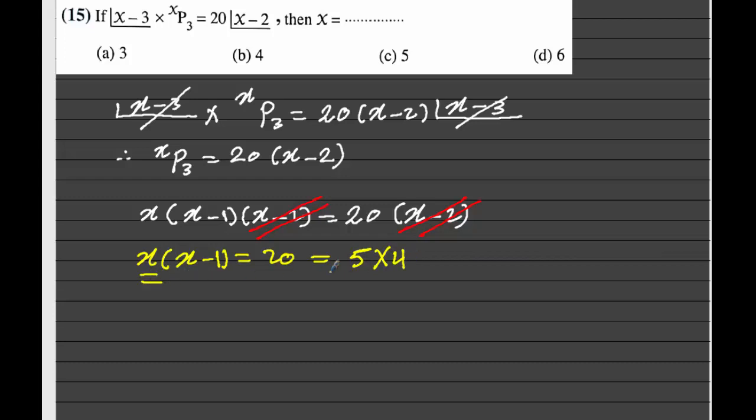So x equals 5 and x minus 1 equals 4. x equals 5 is a solution, and x minus 1 equals 4 also lets us deduce that x equals 5. So the final result, x equals 5, and we choose letter C here. Next question, question number 16.